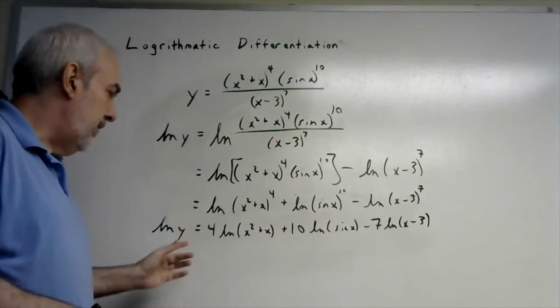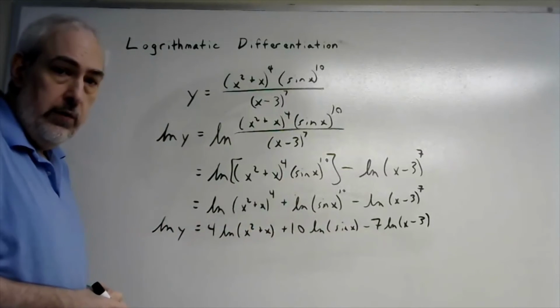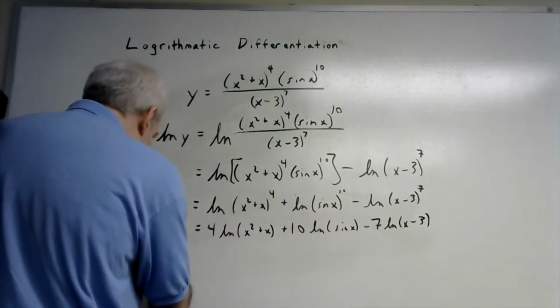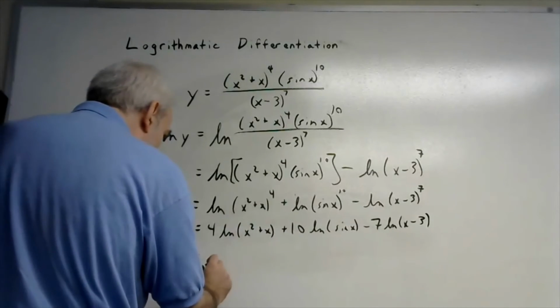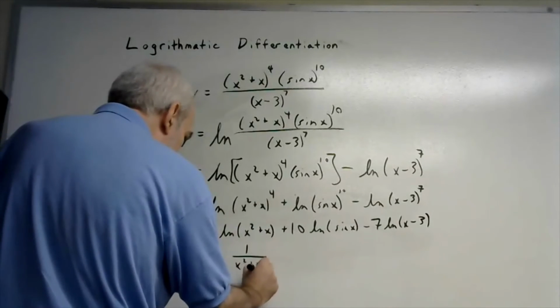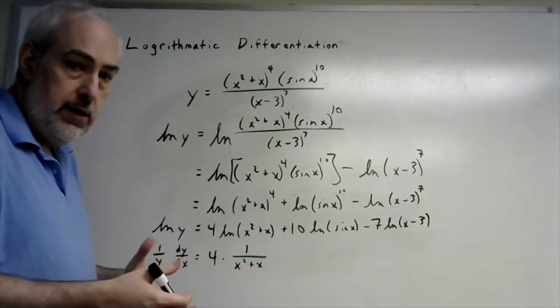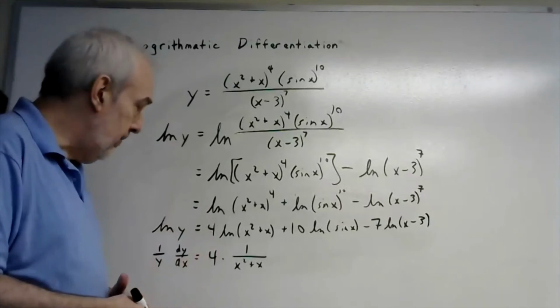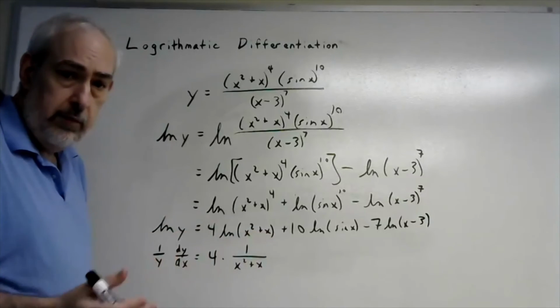Now that we've taken the natural log and simplified, we implicitly differentiate with respect to x on both sides. So we get 1 over y times dy dx equals 4 times 1 over the inside, because that's how you do the derivative of ln of a function. It's 1 over the function and then times the derivative of the inside. So the derivative of x squared plus x would be 2x plus 1.